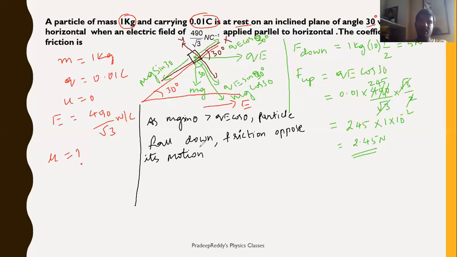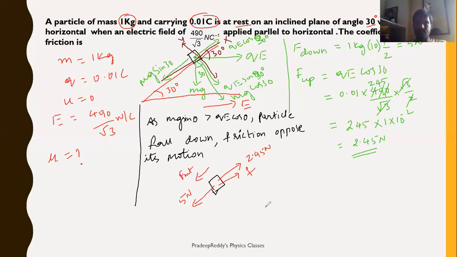And friction will be in the opposite direction of the particle's motion. So overall, if you take the free body diagram for this charged particle, now I can draw the upward force, it is 2.45 Newton, and there is friction. The downward force will be 5 Newton. The overall net force will be in this direction.